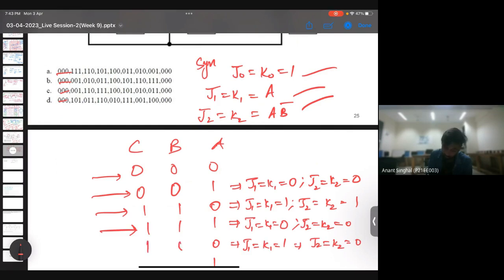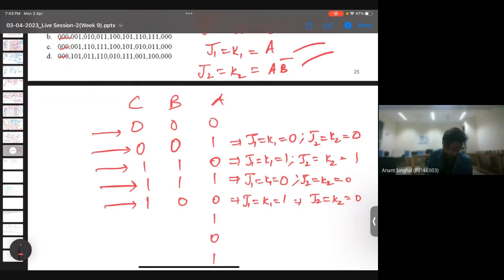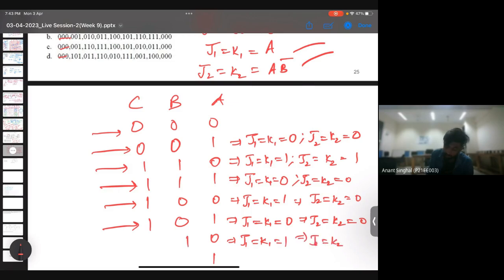So this will remain the same and this will toggle. Then in this state J1 and K1 will be 0, this will remain the same, and J2 and K2 will also be 0, so this will remain the same. Again J1 and K1 are 1, so it will toggle, and J2 and K2 are 1, so it will also toggle. Here J1 and K1 are 0 and J2 and K2 are 0. So it will be 0 1.